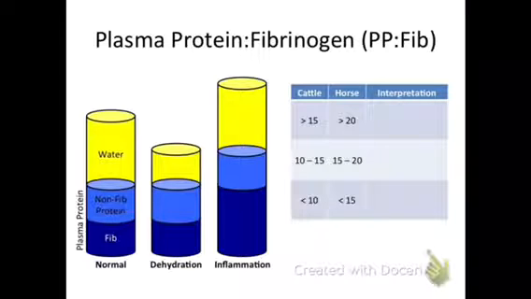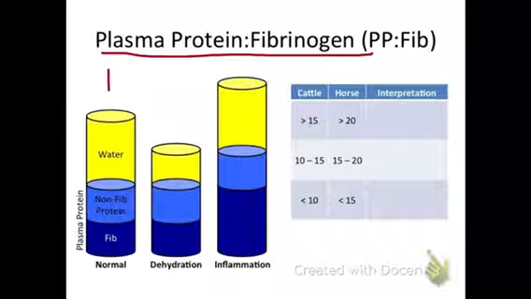To help us determine if the cause of the hyperfibrinogenemia is either inflammation or dehydration, we can calculate the plasma protein to fibrinogen ratio. In this column, there is a normal water to plasma protein and fibrinogen components.